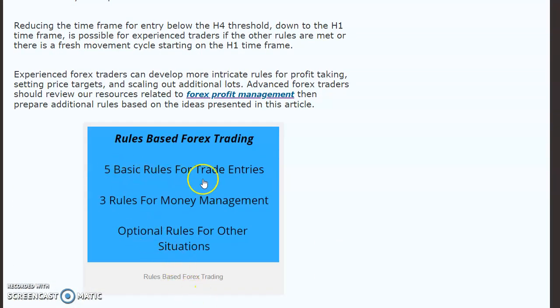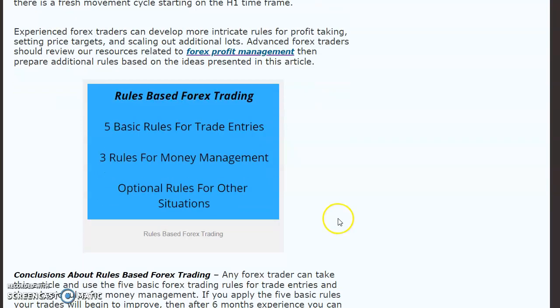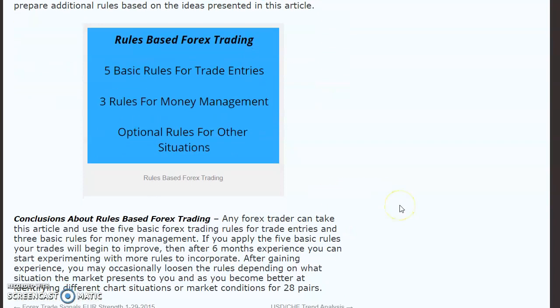You got 5 basic rules for trade entries, 3 rules for money management, and then a few optional rules for other situations or if you have more experience trading. So take the 5 basic rules and 3 rules for money management, and you'll start to see improvement.